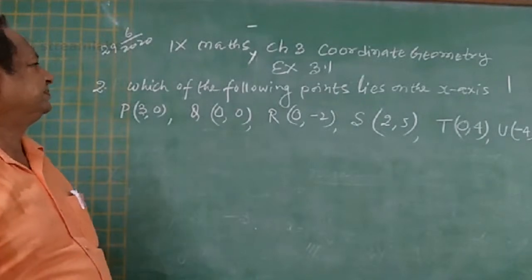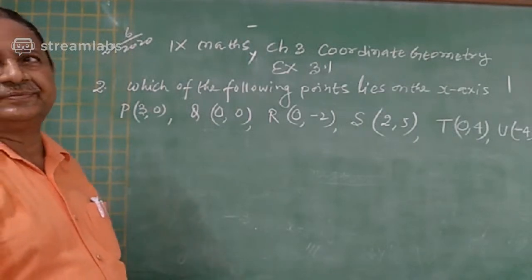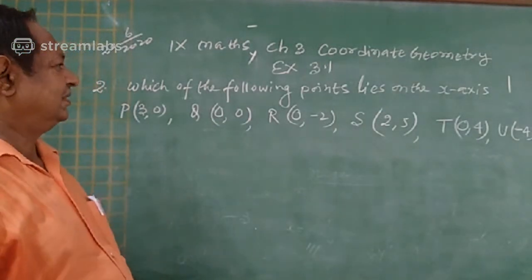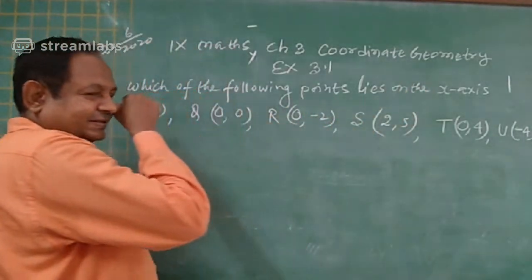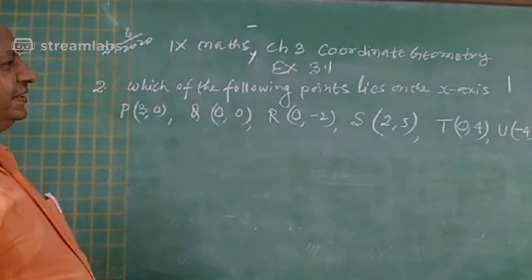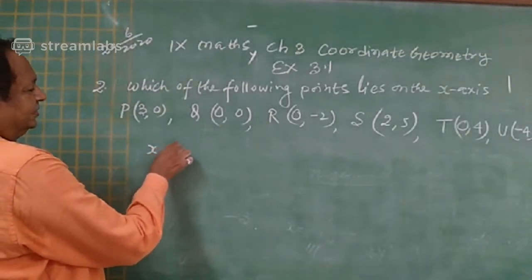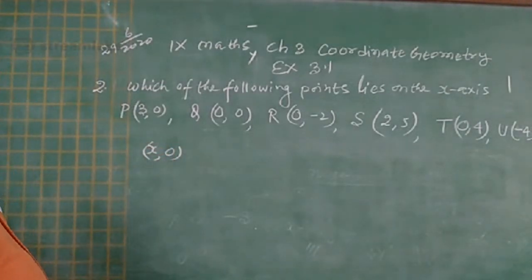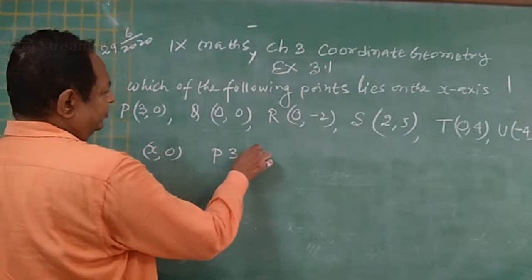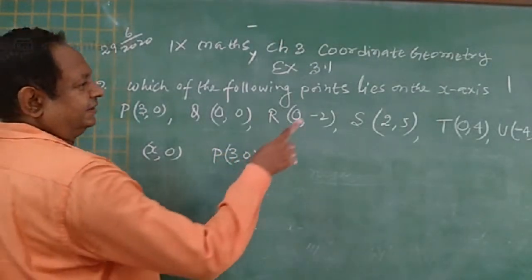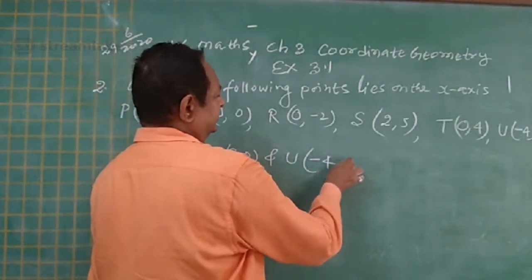Now the question is, which of the following points lies on x-axis? As we had already discussed, if a point lies on x-axis, it is written in this form: x, 0. So the correct answer is P (3, 0), y coordinate is 0, and then U (-4, 0).